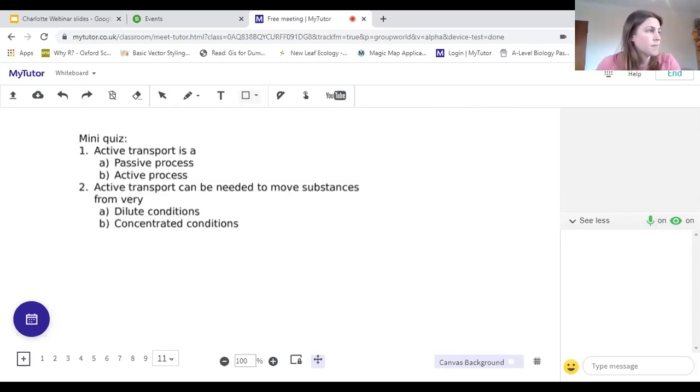Okay. Quick questions about active transport. Someone's asked, is this like the difference between aerobic and anaerobic respiration? Yes and no. We're going to do more about respiration.